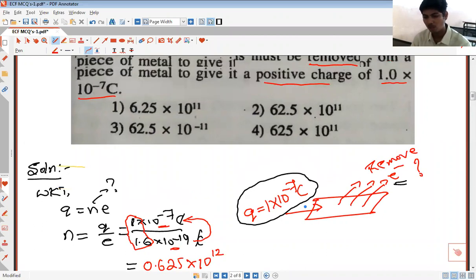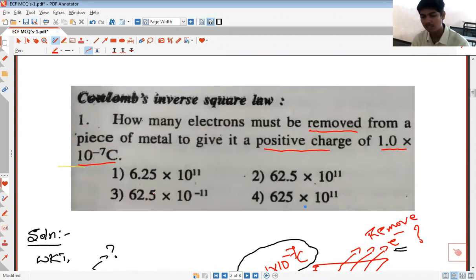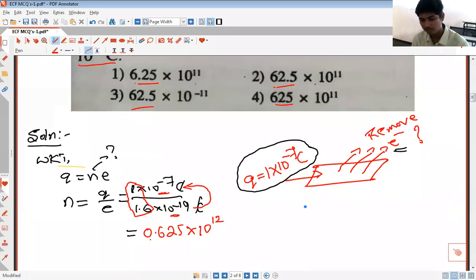If you look at the options, they are all greater than 1. See, this part is greater than 1. So shift the decimal one place forward, and this becomes 6.25 into 10 to the power of 11 electrons.